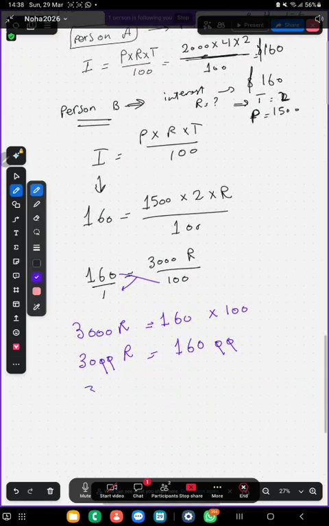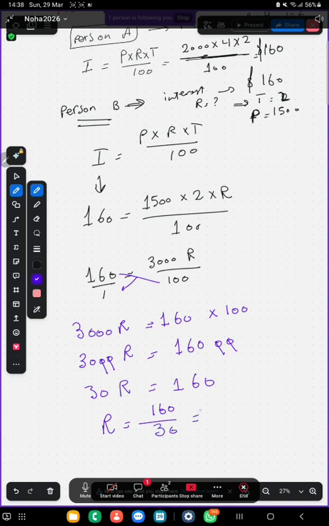It's 30 R equals 160. So R is 160 over 30. If you put it in your calculator, it's 5.33%. So finally, person B's rate is equal to 5.33%. Easy or difficult? Easy, pretty. Did you get it?